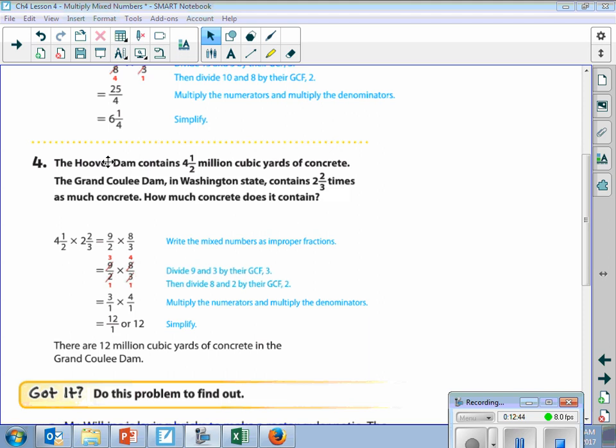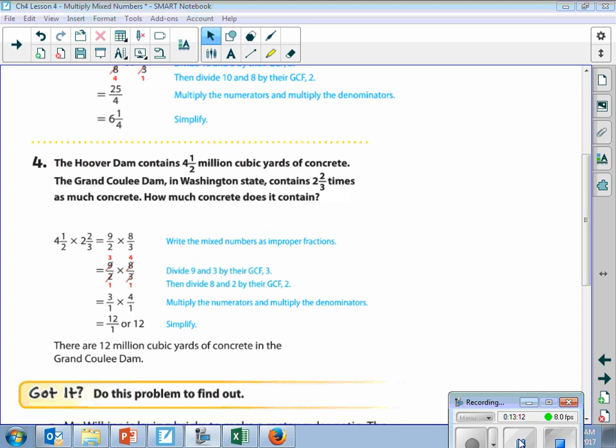So here we wrote our problem. We changed the mixed numbers to improper fractions. We simplified before we multiplied. We multiplied straight across. And we ended up with 12 over 1, which is 12. So there are 12 million cubic yards of concrete in the Grand Coulee Dam.